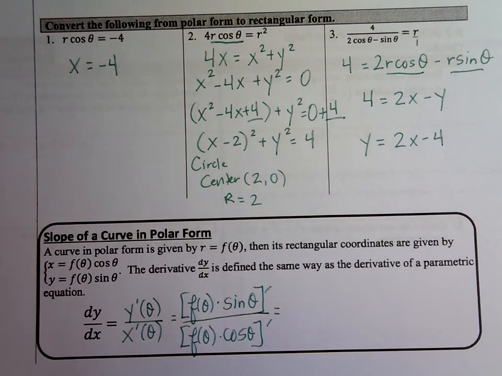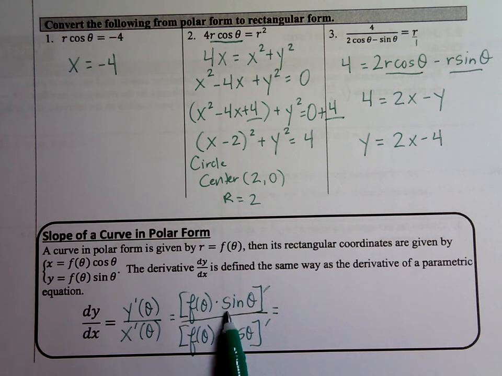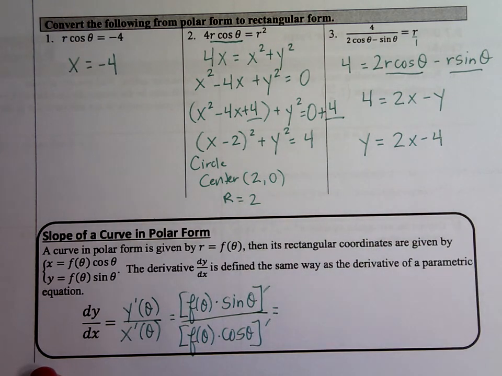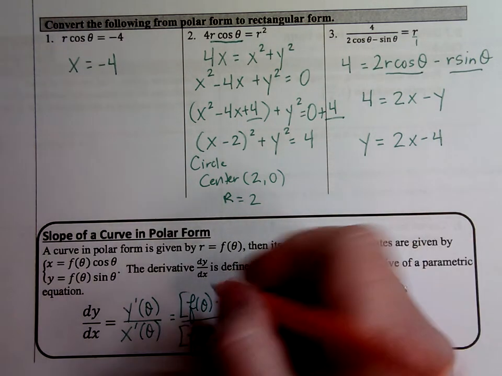Which means, if I take this thing and find the derivative, think about what rule you'd have to apply to take that derivative. Hopefully you said product rule. Here it is.